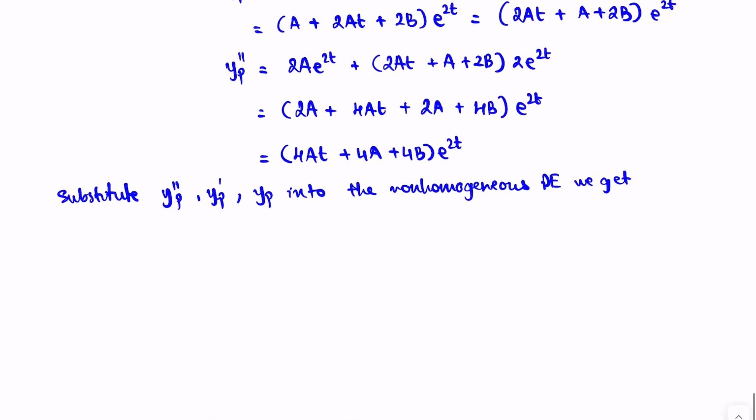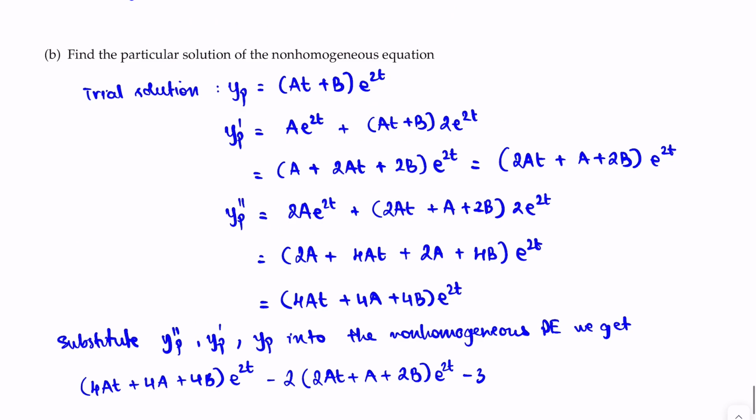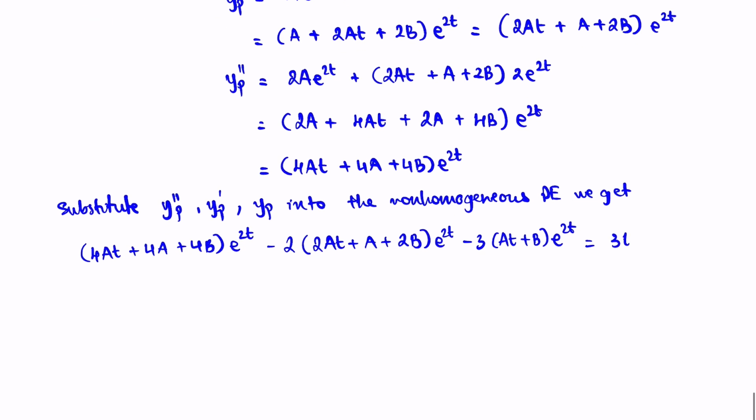So y double prime is (4at plus 4a plus 4b) times e to the 2t, minus 2y prime, that is minus 2 times (2at plus a plus 2b) times e to the 2t, minus 3y, so minus 3 times (at plus b) times e to the 2t, equal to the right hand side, which is 3t times e to the 2t.